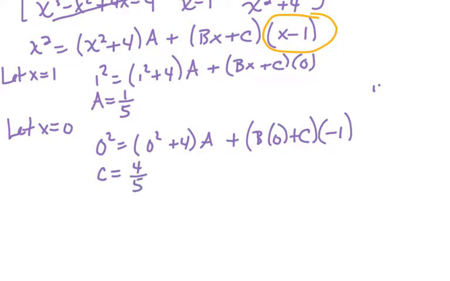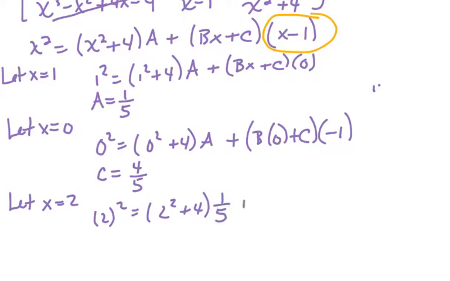So that leaves the task of trying to find B. So if I let x equal 2, and again, there's many ways to do this. I'm just flying out of the seat of my pants here and figuring out what I can easily let x equal. And collecting terms may have been a better way to go. I'm not quite sure yet.